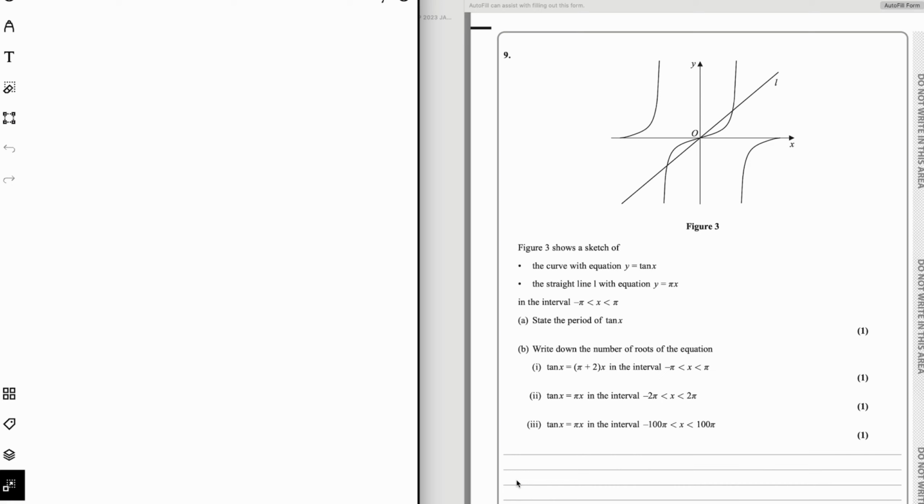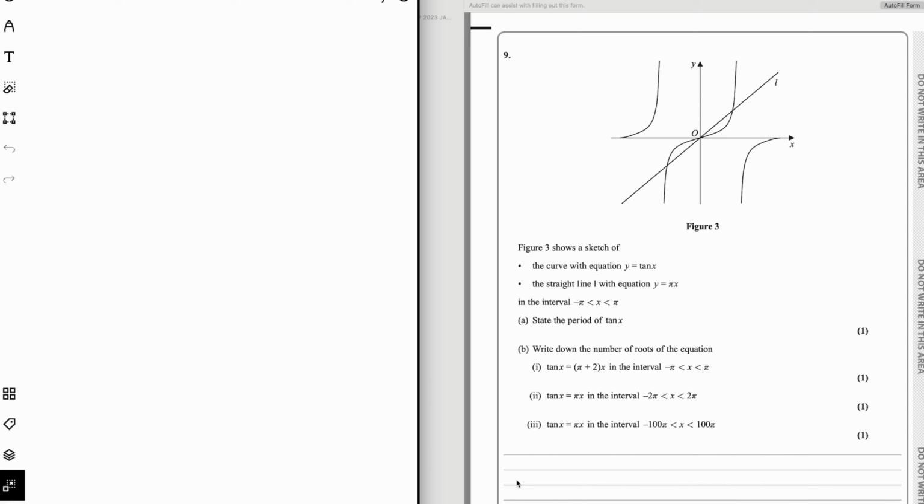Pi x or pi plus 2x, it is the same: the equation of the line is similar to L, because both are passing through the origin and both will have the same type of intersection with the curve.